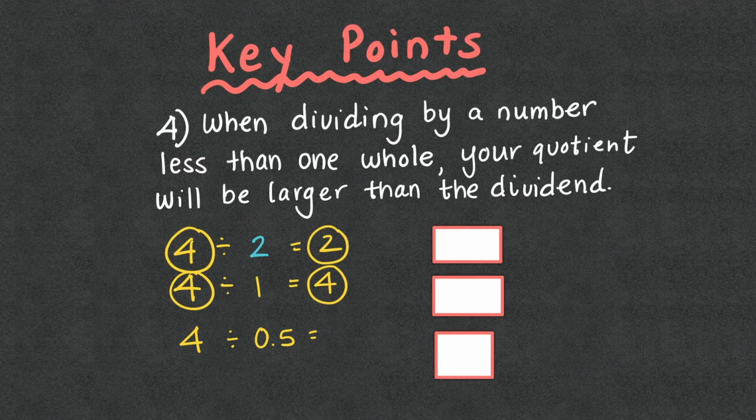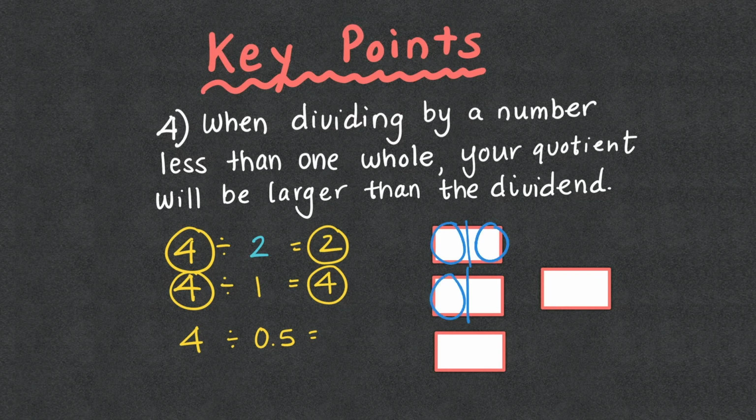I can only be so perfect. 3, and then let's do the 4th one. If I was to split these in half, because it's asking how many halves are there, that's 1, 2, 3, 4, 5, 6, 7, 8. So 4 divided by 0.5 is actually equal to 8.